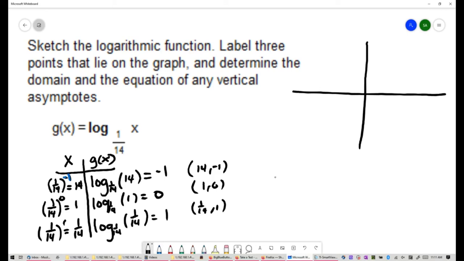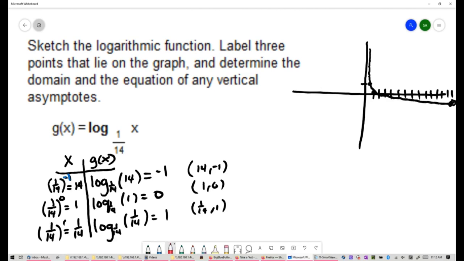So sketching the graph of that, I'm going to have to go 14 and -1, 1, 0, 1/14 and 1, which gives me a graph that looks like this.